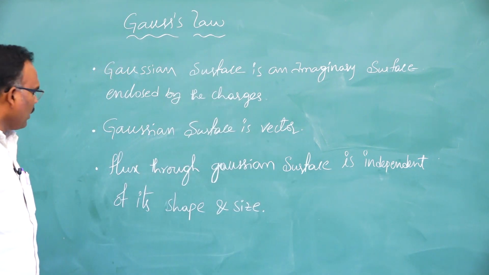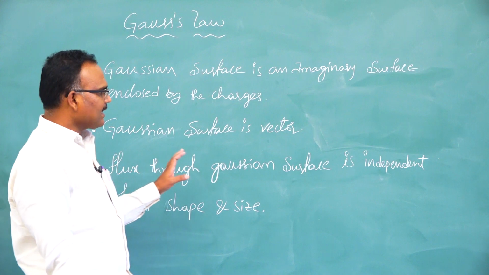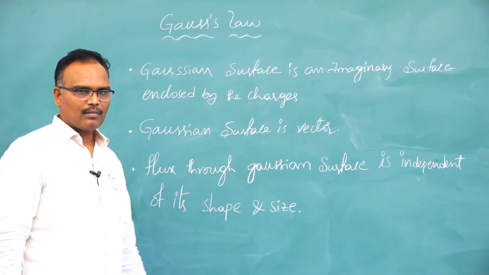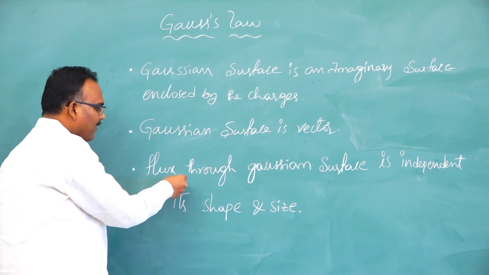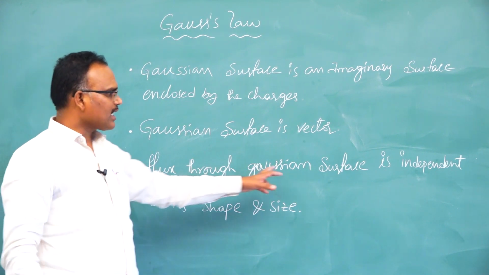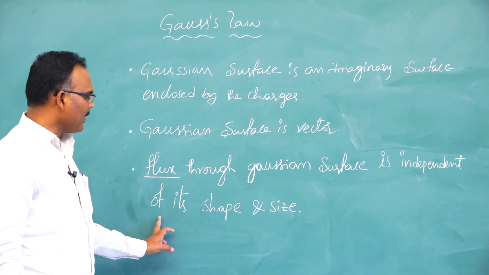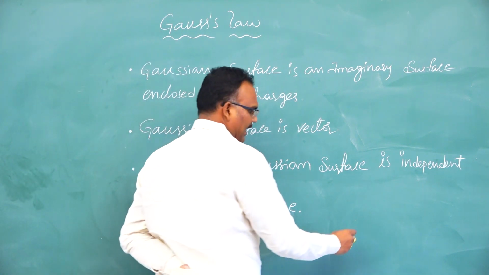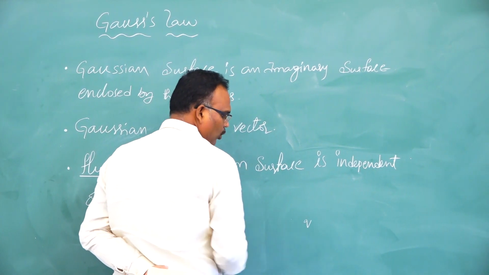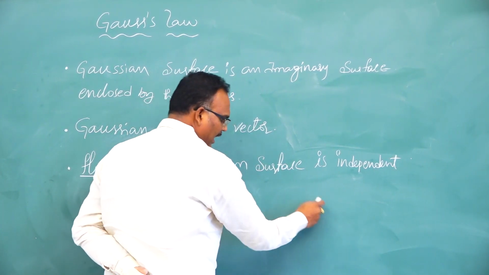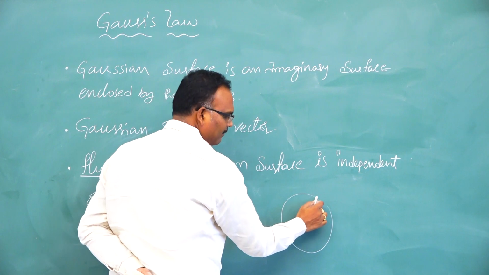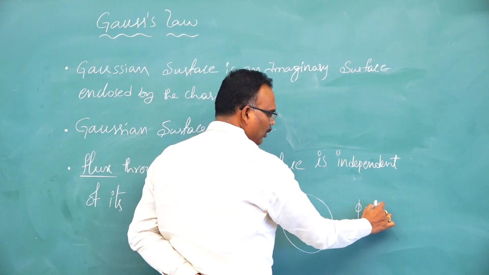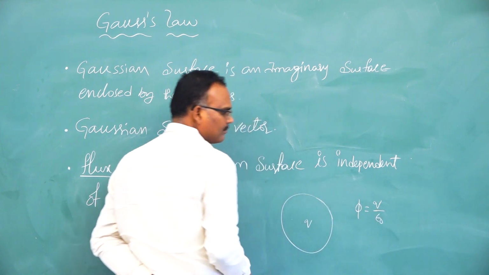The last one, third one, flux through Gaussian surface is independent of its shape and size. So understand this, flux through Gaussian surface is independent of its shape and size. For example, we will see, I will take a charge Q. If I take a Gaussian surface as a sphere, flux will be phi is equal to Q by epsilon naught only.